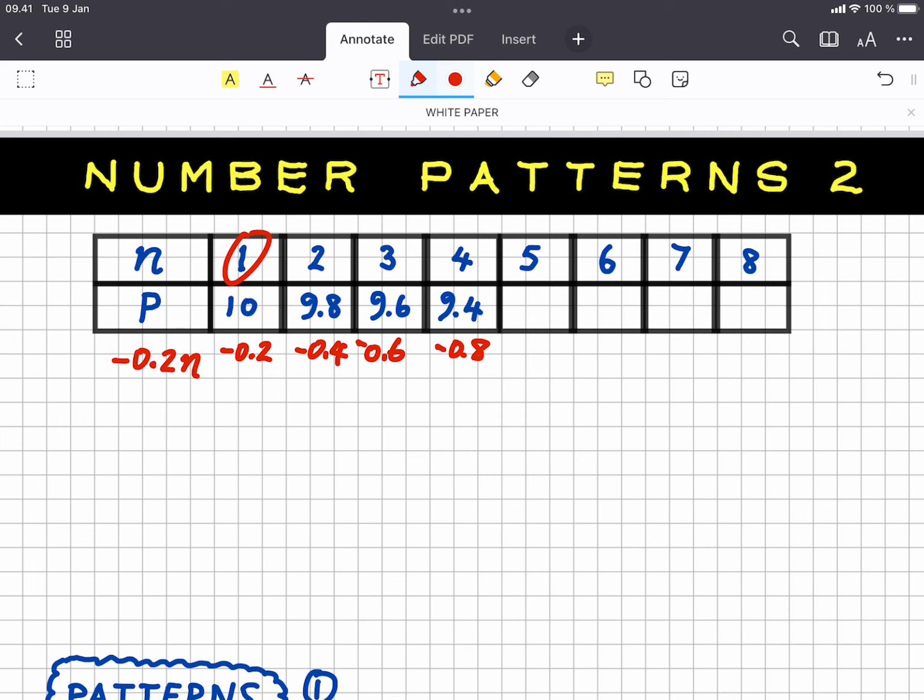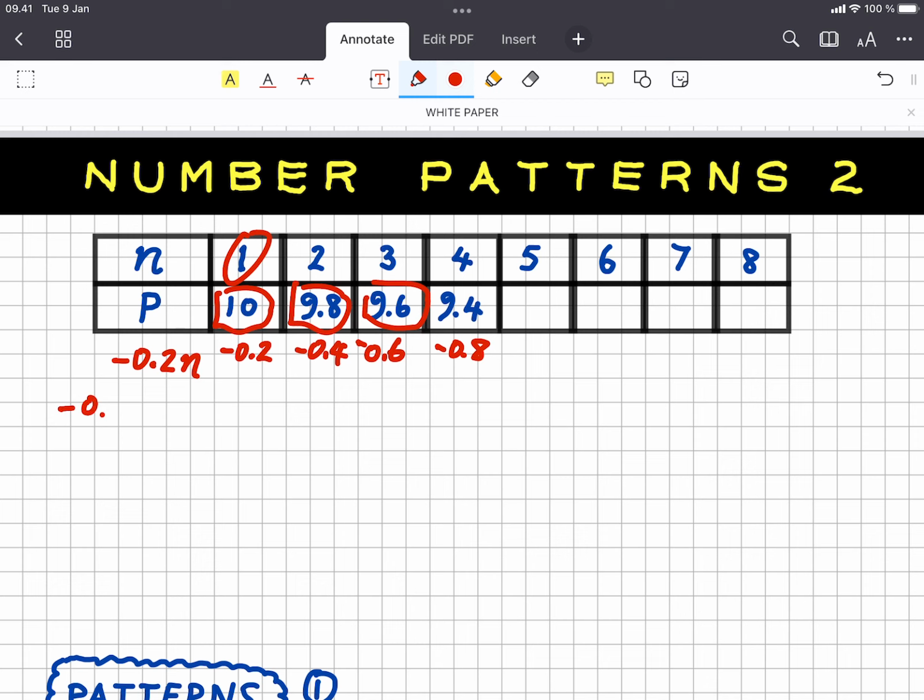So you do get a sequence that goes down by 0.2 every time, but it's not the right one because the one we actually want starts with 10 and goes 10, 9.8, 9.6, and so on. So the one we want is actually 10.2 more than the one we're getting.